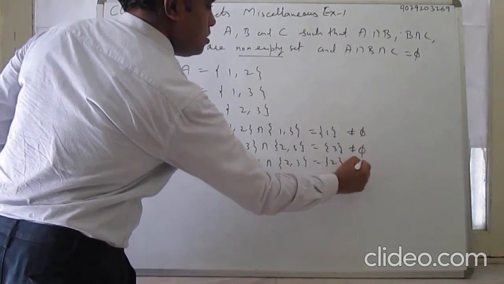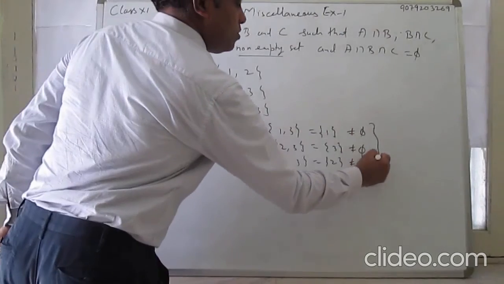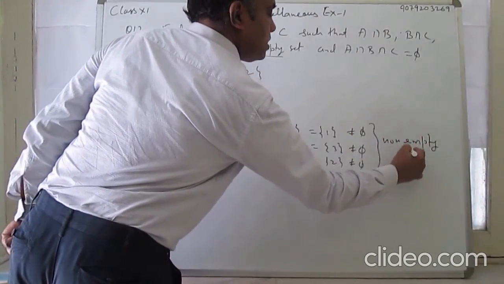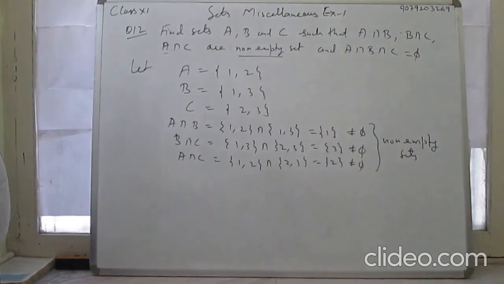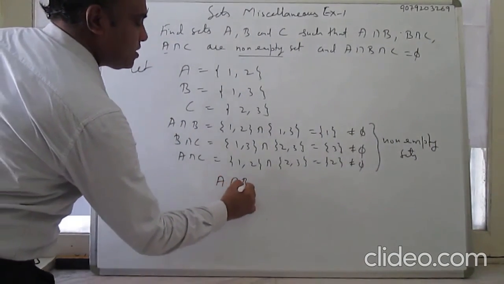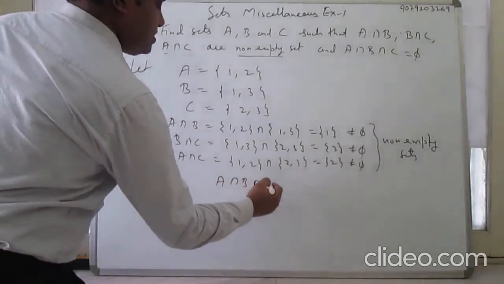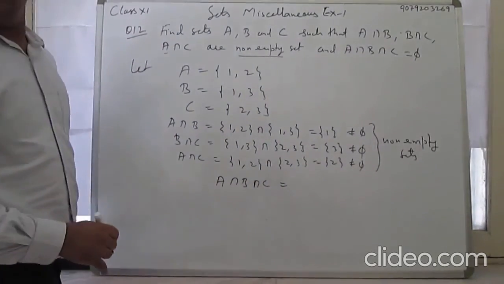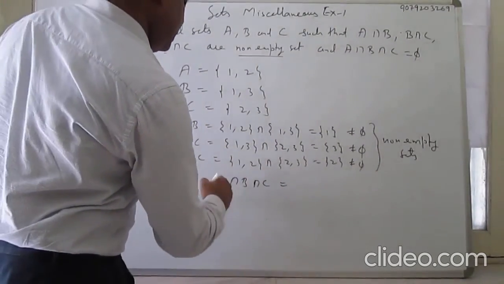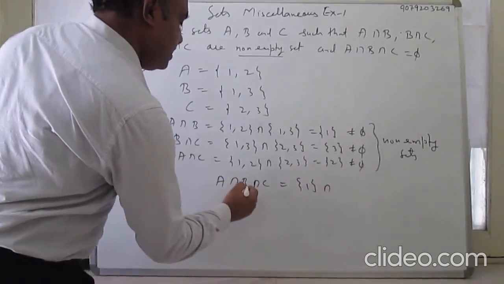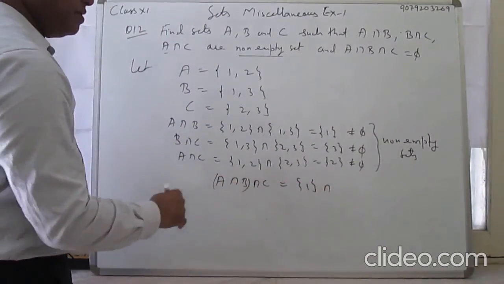It is also non-empty. So all three are non-empty sets. Now check the relation A intersection B intersection C. A intersection B was {1}.